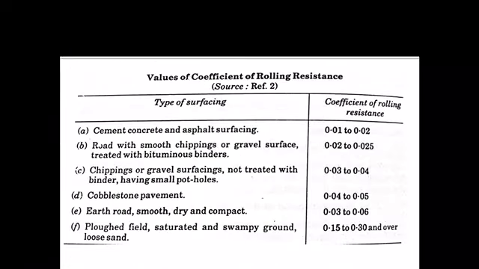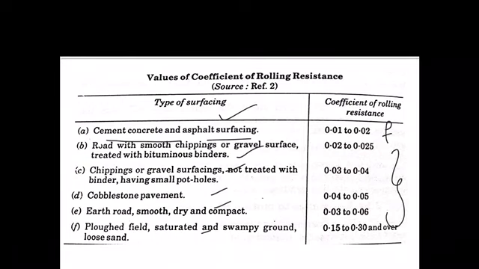You can see in this table the values of the coefficient of friction for various types of surfacing. If the pavement surface is cement concrete or asphalt surfacing, the rolling resistance F value is between 0.01 and 0.02. Similarly, for other types of road surface, the coefficient values are given here.